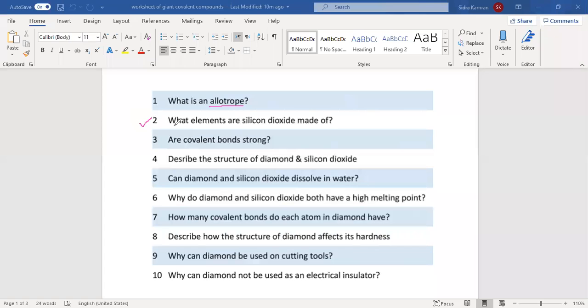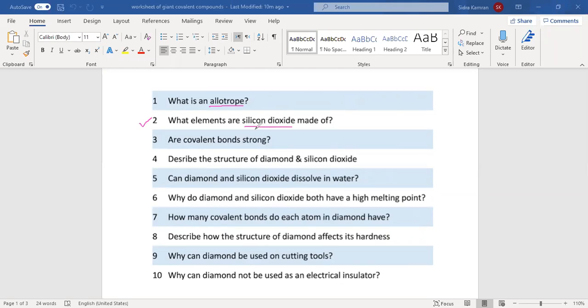Next is: what elements is silicon dioxide made of? Who is going to answer this? You have to mention the elements of silicon dioxide. Kushbakt, can you answer this? Silicon dioxide has which elements?